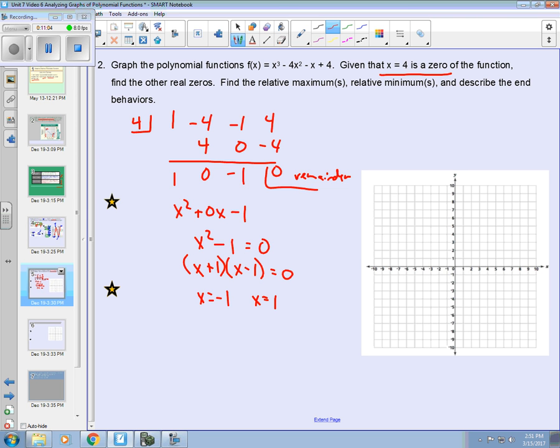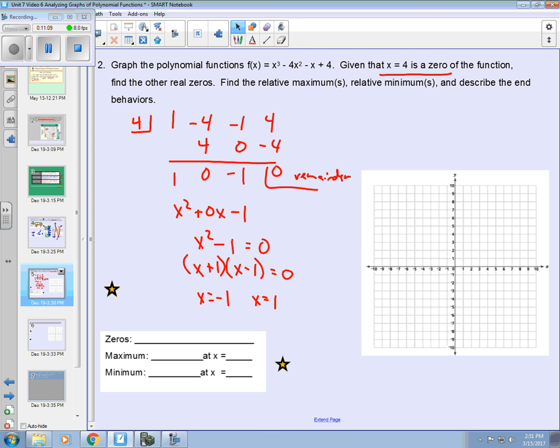So now we can fill in what the zeros are. The zeros on this one are going to be -1, 1, and the one that they gave us, 4. That's the one from up here. Okay, so on the graph, -1, 1, and 4 are all going to be part of this.